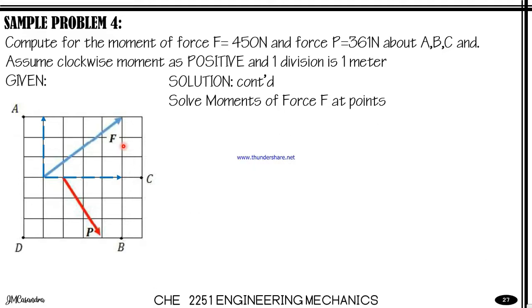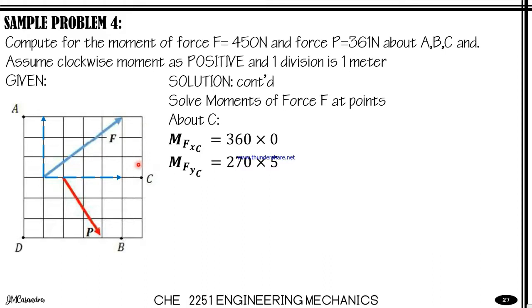So next we solve about C. About C, the x component passes through point C. So therefore, the moment of the x component about C is multiplied by 0. And for the vertical, we will have 1, 2, 3.